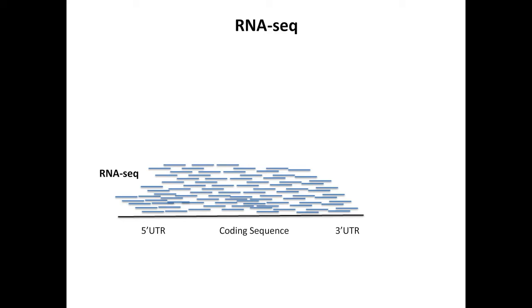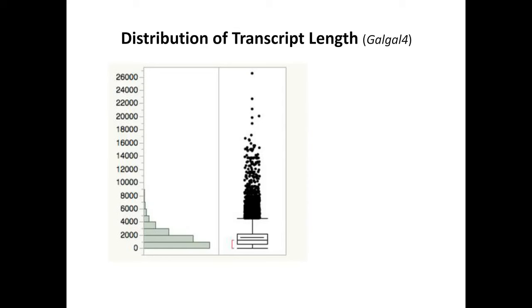The recent one was just updated a few months ago. So I took all the transcripts and looked at their length and the distribution of the length. As you can see, some transcripts are as big as 26 kb, and the average transcript length is 2,000 base pair.